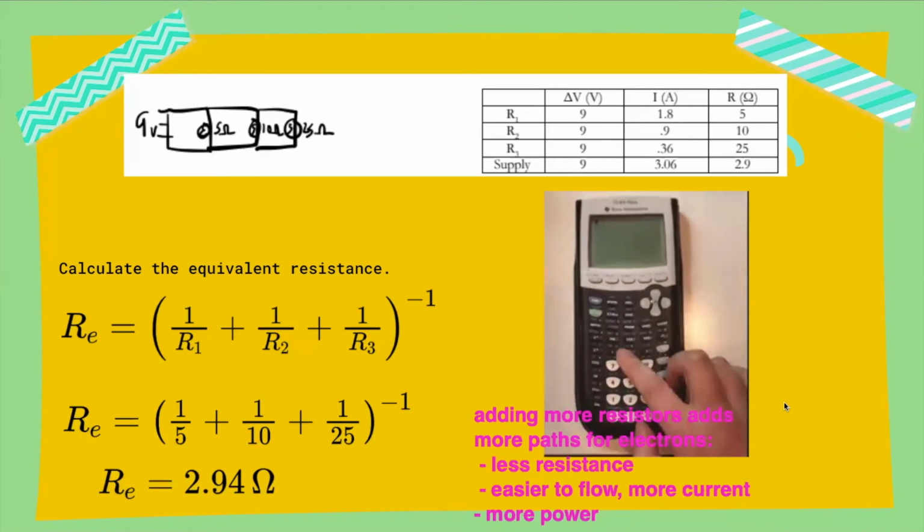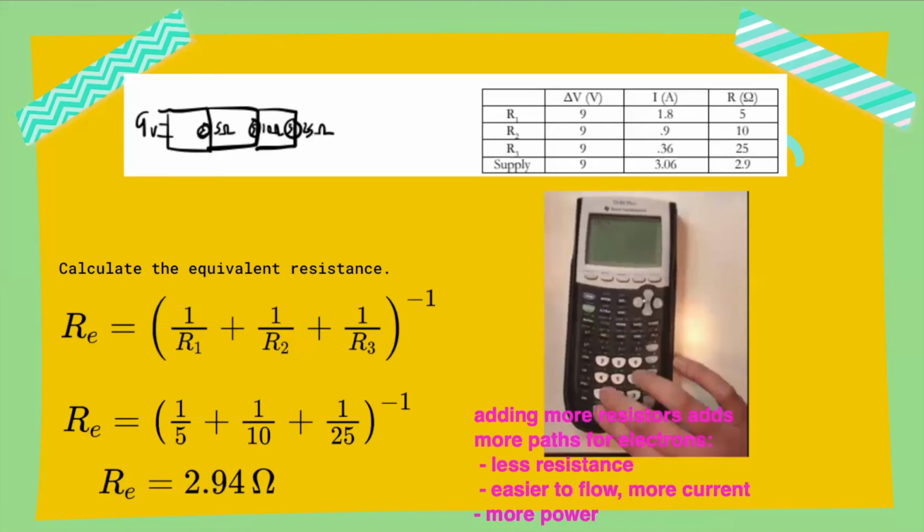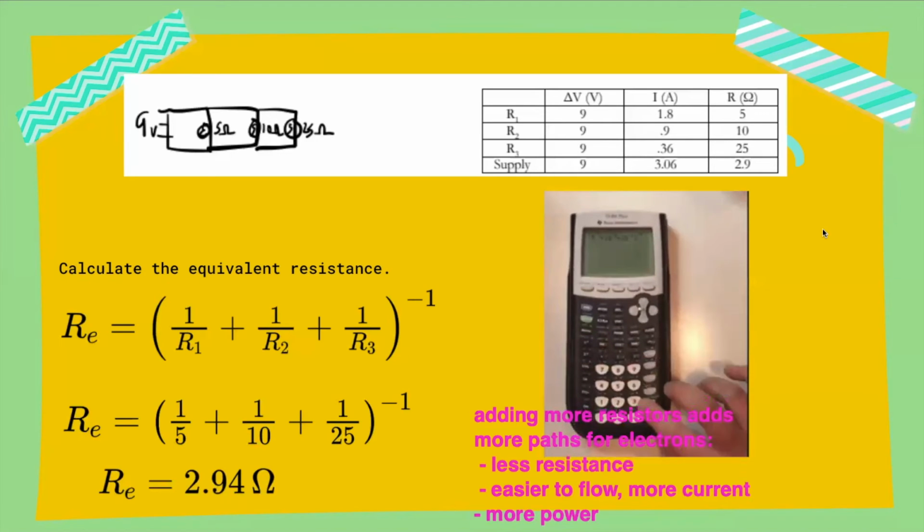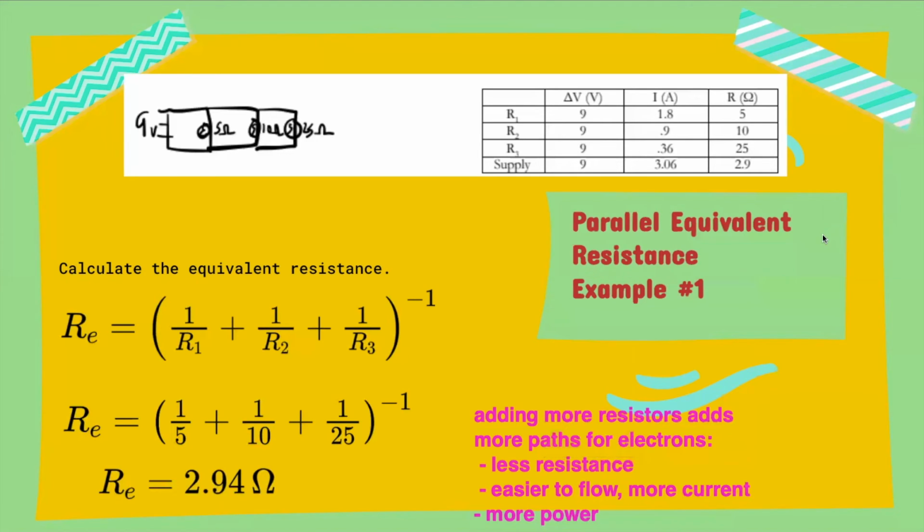So when I have more resistors, this leads to less resistance. And if you want to check to see that you've done this right, if you have a parallel section, its equivalent resistance should always be lower than your lowest resistance. 2.9 is lower than 5, so I know that I've done this correctly.